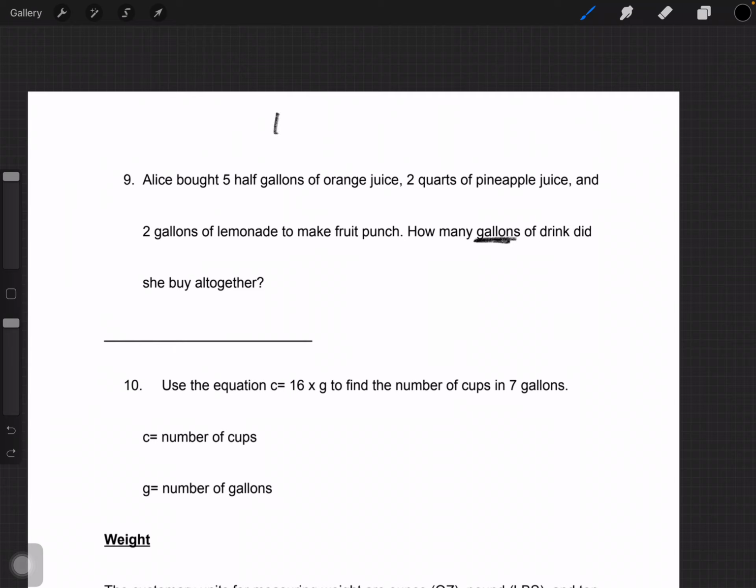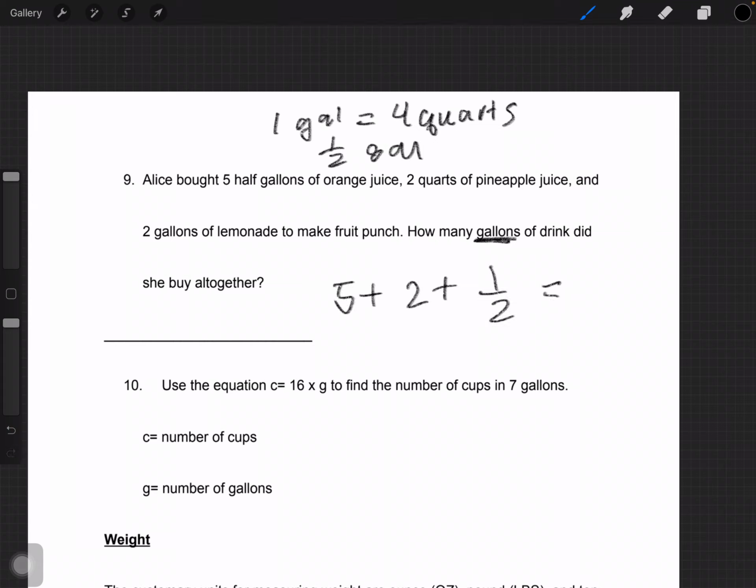So 1 gallon is equal to 4 quarts. So 2 quarts, which is half of 4, would equal half a gallon. So we have 5 plus 2 plus half, which is 7.5.